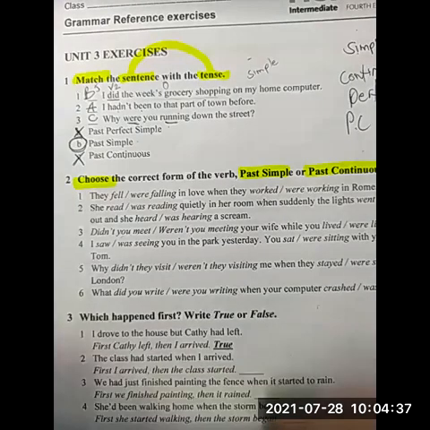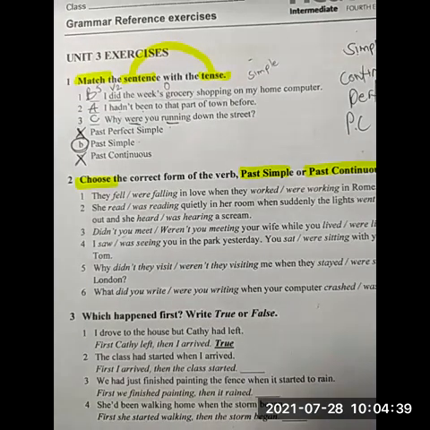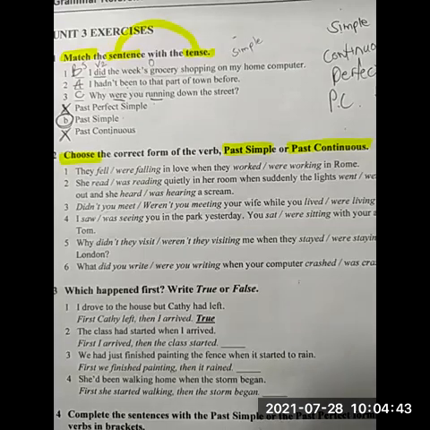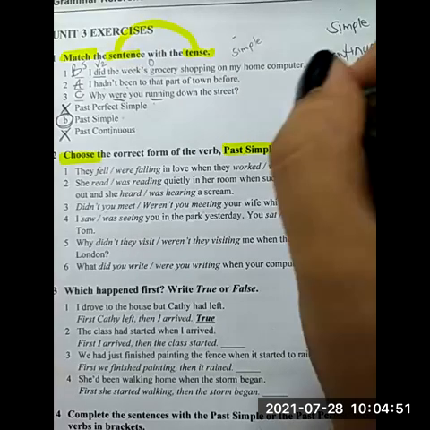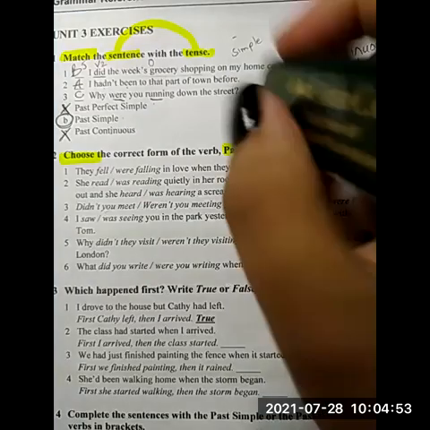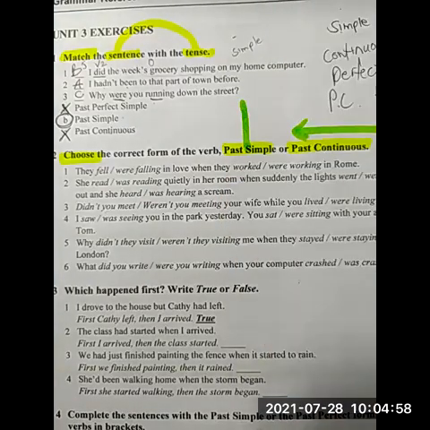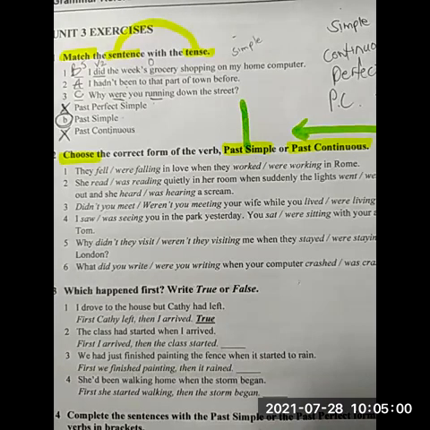So they fell or they were falling in love when they worked in Rome. So we ask ourselves, which one is the long one? The continuous tense is going to be a long action. And the past simple is going to be a short action. Bang.